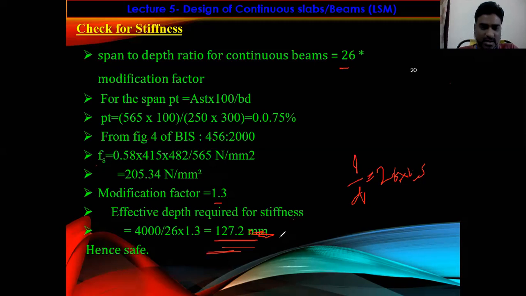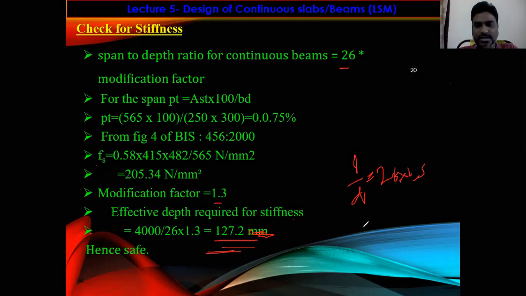And whatever we got actual, it is 4000 by 300, that is 13.3.